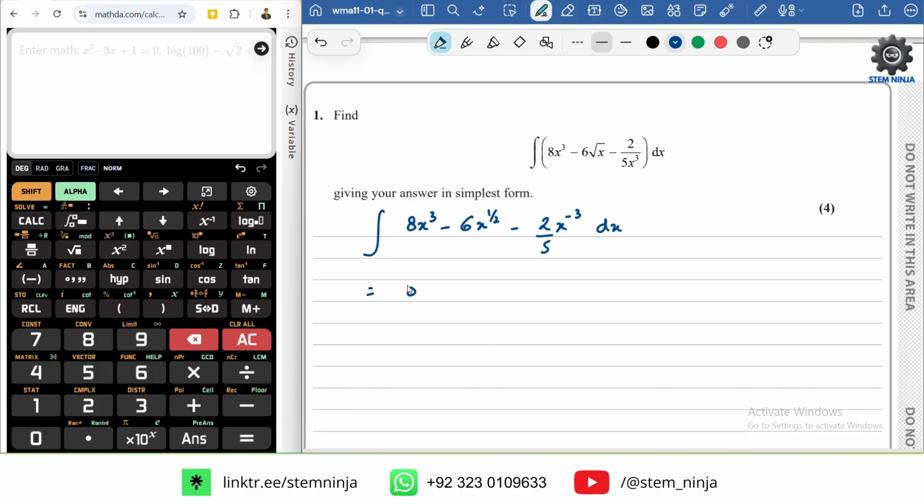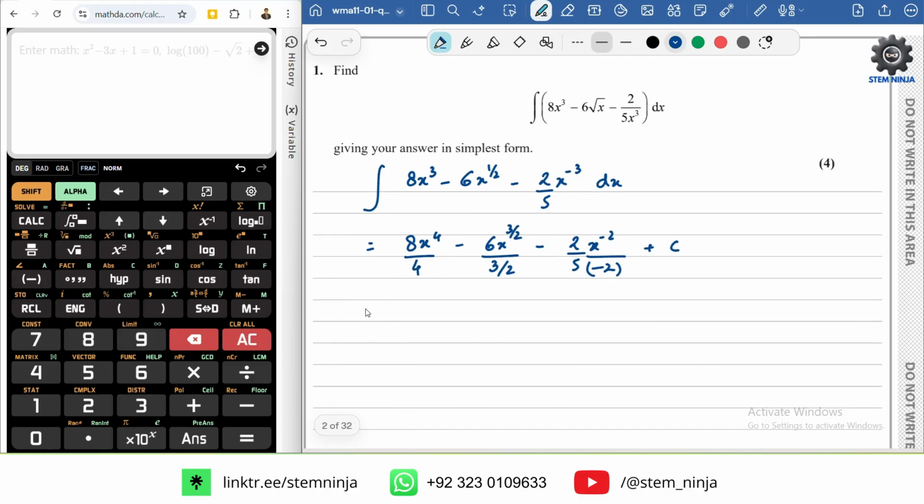Now it's straightforward. Power raised by 1, divided by that, minus 6x^(3/2) also divided by 3 by 2, minus 2 over 5 x raised to power minus 2 divided by minus 2 plus c.